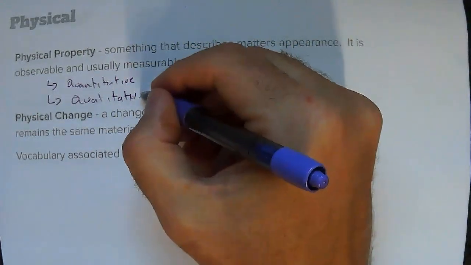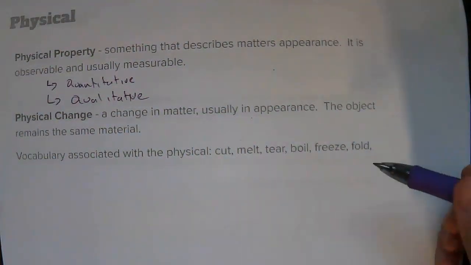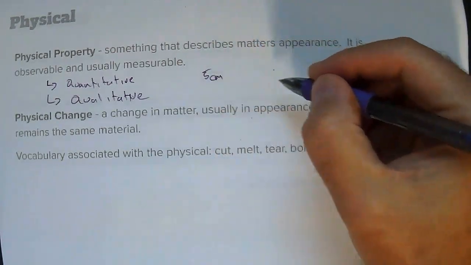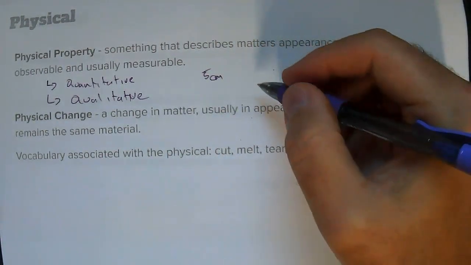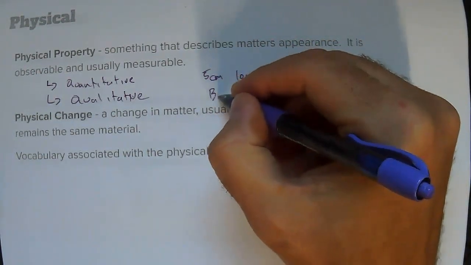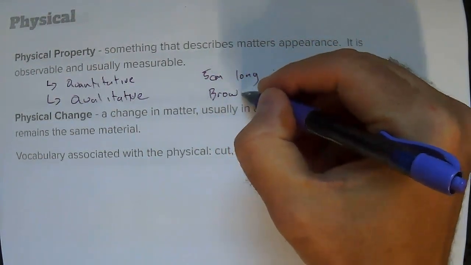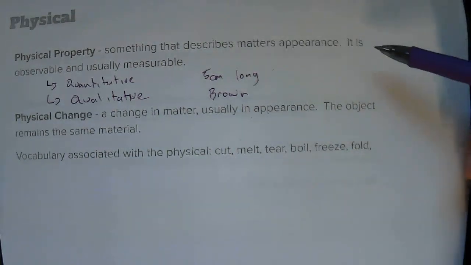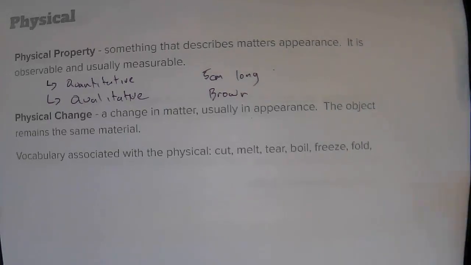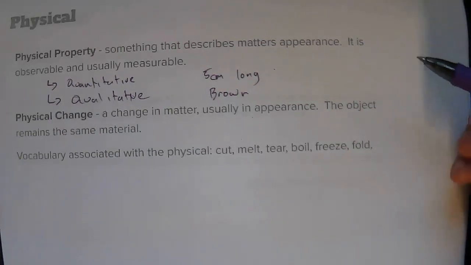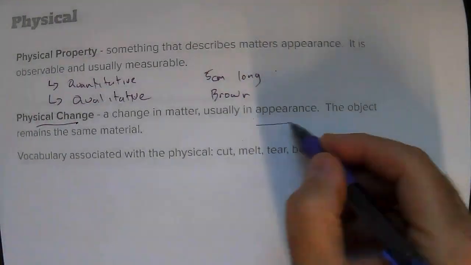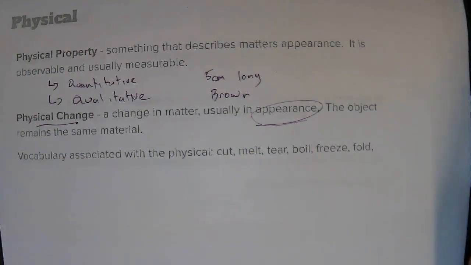Okay, so a physical property could be that the piece of wood is 5 centimeters long, or it could be that it is brown. But the physical property describes its appearance. And then that means a physical change is a change in that thing's appearance.